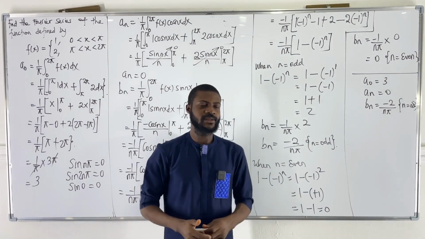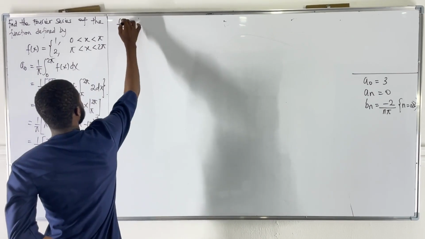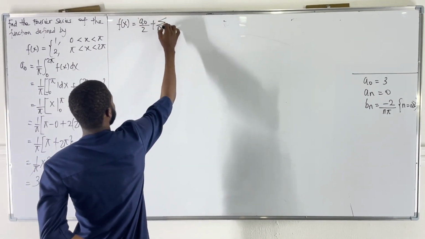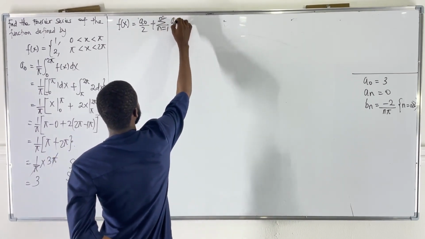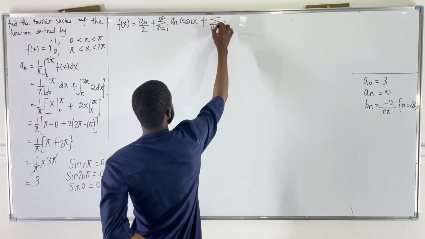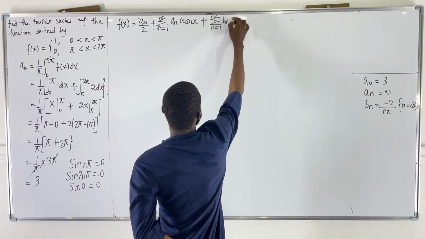So we find the Fourier series expansion. f of x is equal to a naught over 2 plus the sum from n equal to 1 to infinity of a sub n cos nx plus the sum from n equal to 1 to infinity of b sub n sine nx.